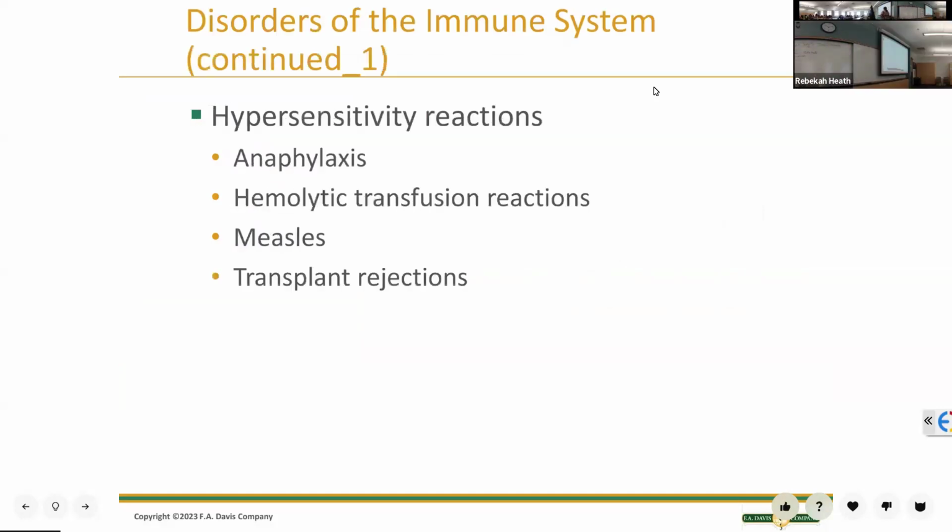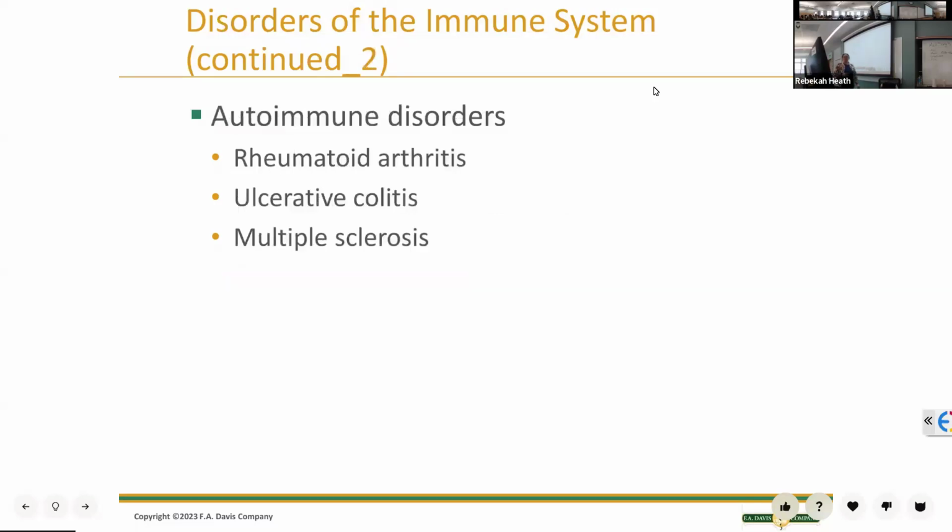So first, hypersensitivity reactions. We're going to talk a little bit about what these mean. It might be anaphylaxis, blood transfusion reactions, or transplant rejection. When we talk about autoimmune disorders, these are some common examples: rheumatoid arthritis, ulcerative colitis, multiple sclerosis.